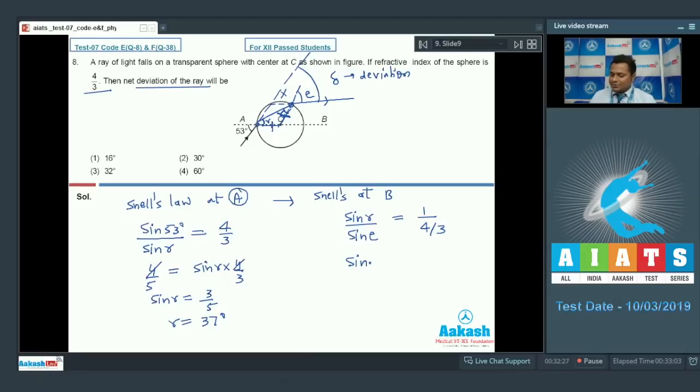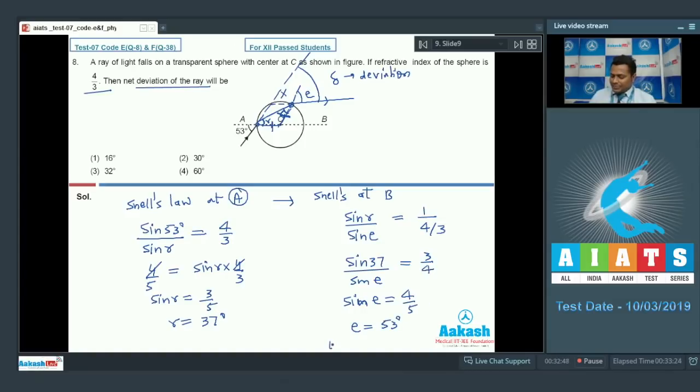R is 37. So sine 37 divided by sine E equals 3/4, and after solving we will get the value of sine E as 4/5. We got the emergent angle E as 53 degree.